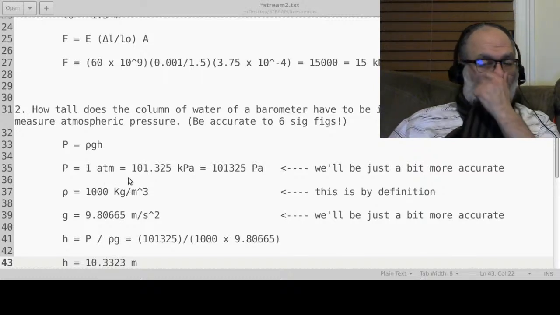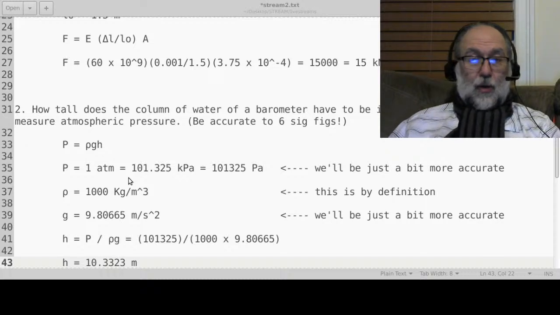Well, 1 atmosphere, I actually looked it up on Wikipedia, is defined as 101.325 kilopascals. That's a very accurate value for the atmospheric pressure. And then, of course, kilopascals is not MKS. We need that in pascals. So that's 101,325 pascals.